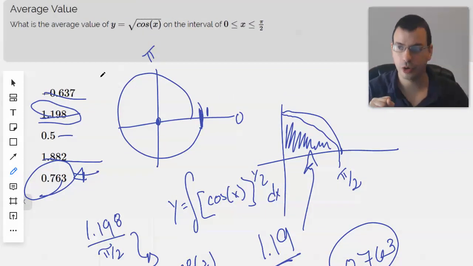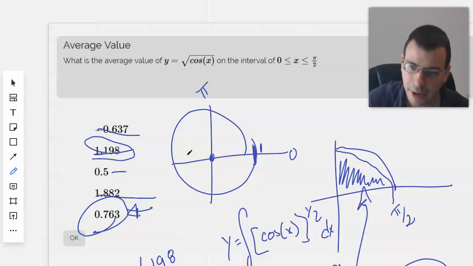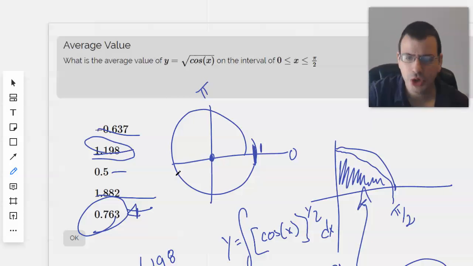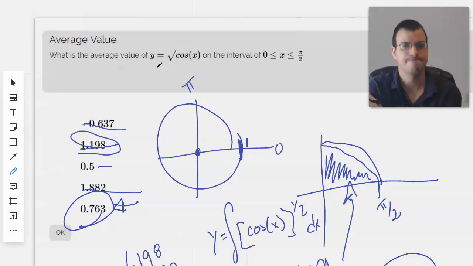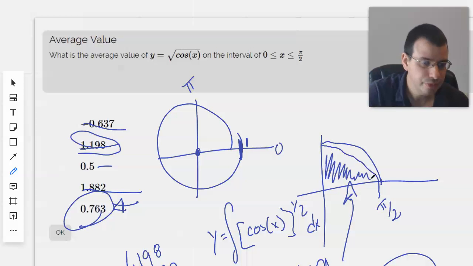So backtrack real quick. You have about 3 minutes to do these kind of problems. When you have a calculator problem, you usually get about 3 minutes, which we probably made it almost under that. So what is the average value of y equals square root of cosine of x? The first thing is, all right, we want to graph this out. We look at the first value, we look at the last value, 1 to 0.